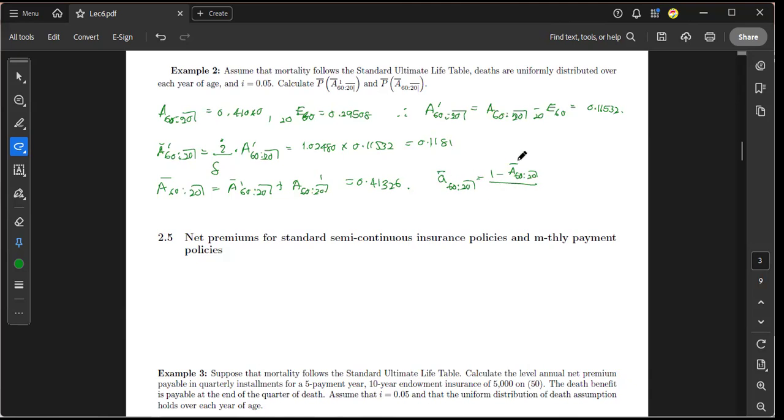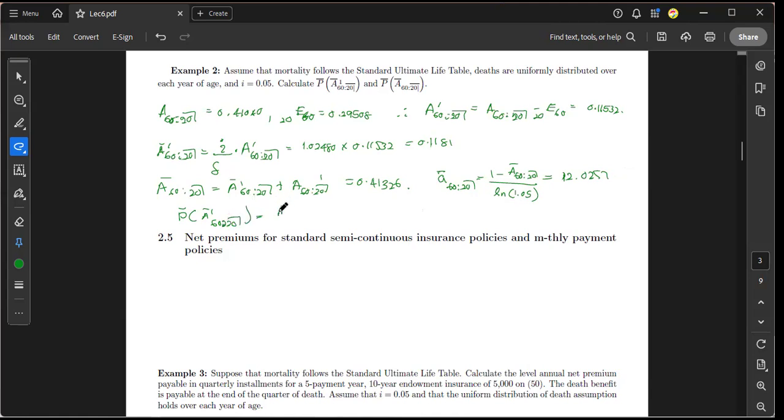This is continuous, so both signs should be continuous. And since it is continuous, we divide it by delta. So the resultant value is 12.0257.